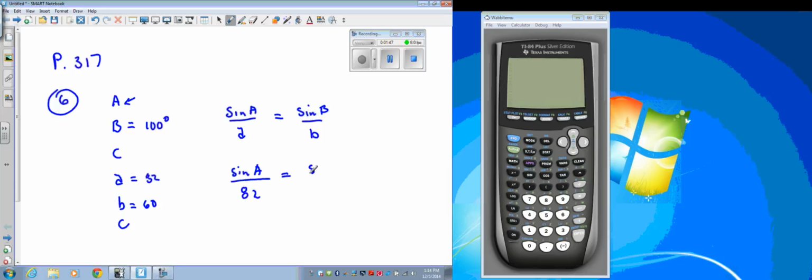Then we could go sine of 100 over B, which is 60. So sine A equals 82 sine 100 over 60.